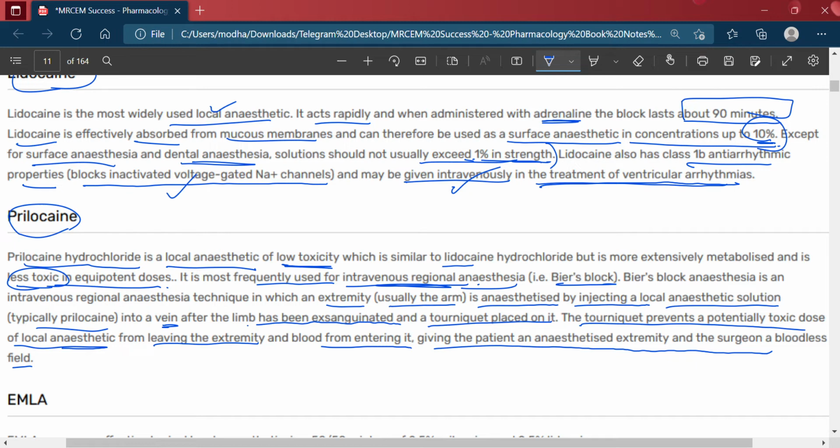Understood, prilocaine is a local anesthetic of low toxicity, similar to lidocaine, but with less toxicity.